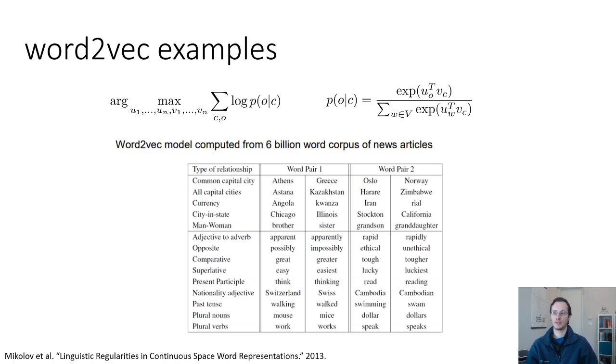Here are some examples of these sorts of analogies computed using word2vec from a 6 billion word corpus of news articles. So the way that these were done is they took the word in the second column for the word pair and subtracted the word in the first column. So for the capital city, you take Greece and you subtract Athens.